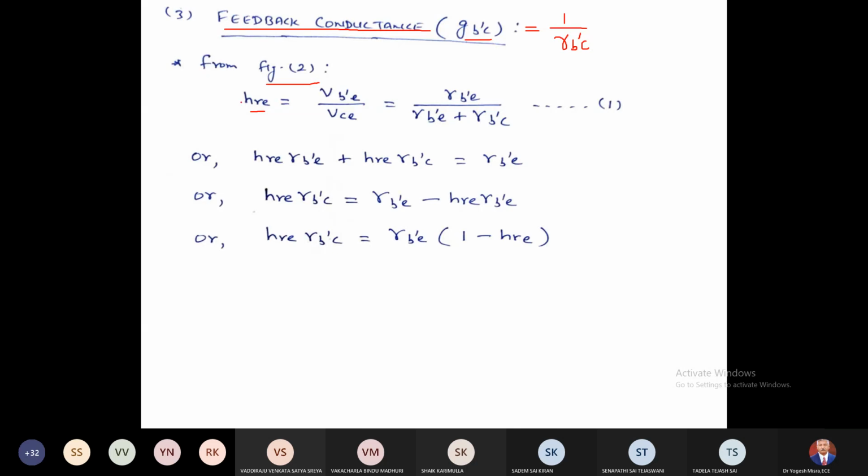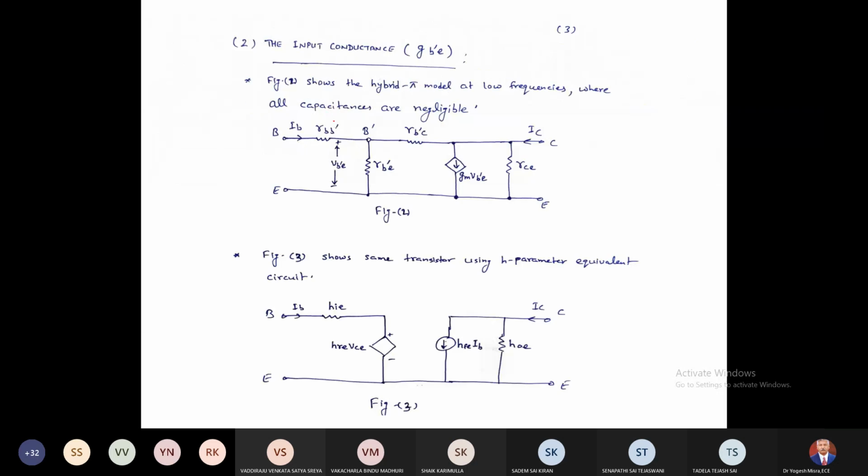So now from figure 2, HRE. What do you mean by HRE? It is reverse voltage gain. So HRE is input voltage by output voltage. Input voltage is VB'E and output voltage is VCE. So see here this figure 2.